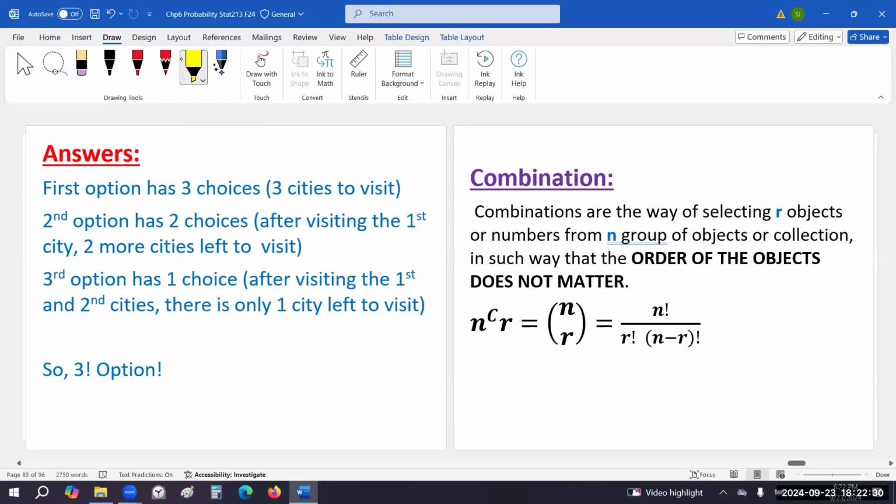Now comes combination. And in combination, we use the factorial. Combinations are known as selecting r objects from n objects for a collection in such a way that the order of the objects does not matter.